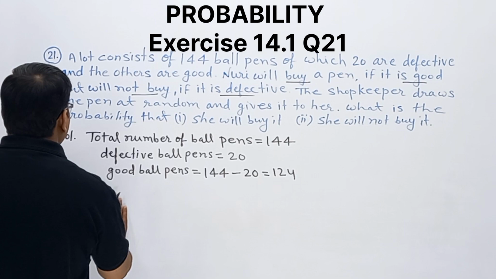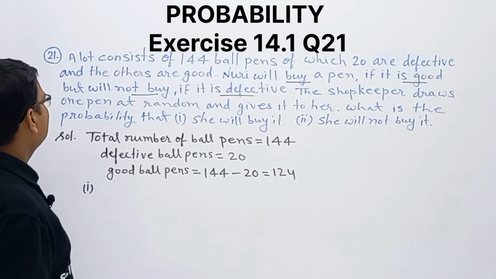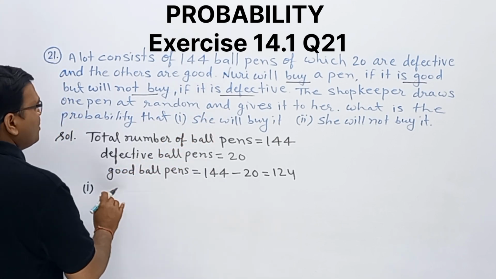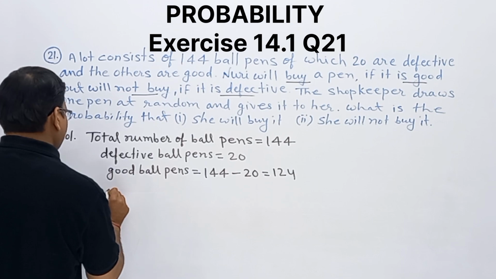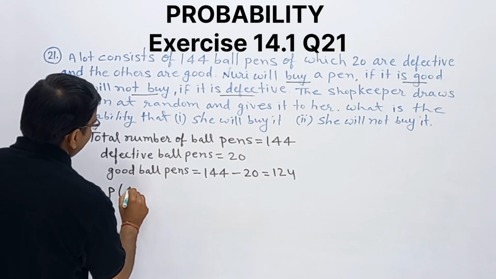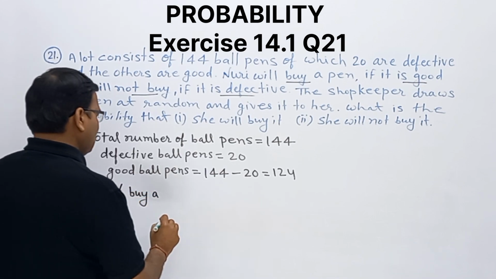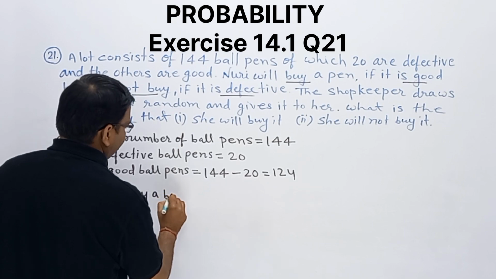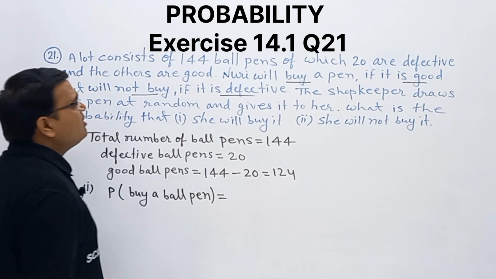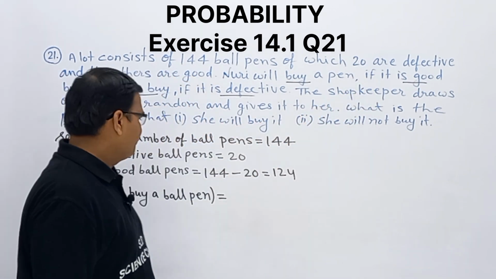So probability, now first one, she will buy it. What is the probability? Probability of buy a ball pen. When she will buy a ball pen? If it is a good one.